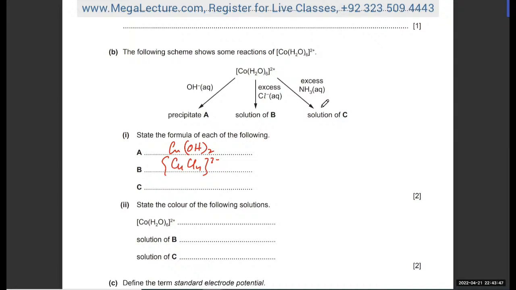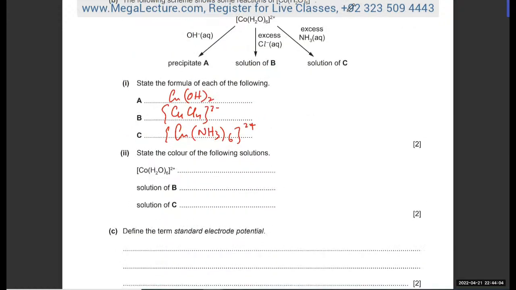So in this case, you're free to choose whatever amount of NH3 you want to keep in the formula. It could be 3 NH3s and 3 water molecules, or 6 NH3s, or 5 NH3s and 1 water molecule. So this one is C.